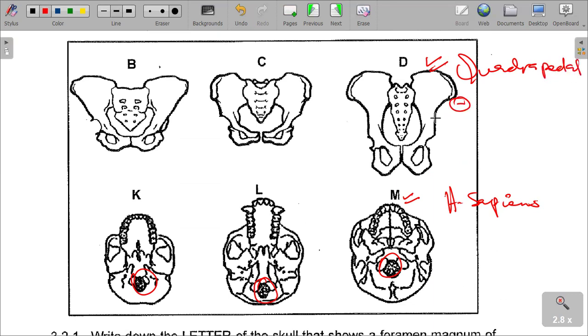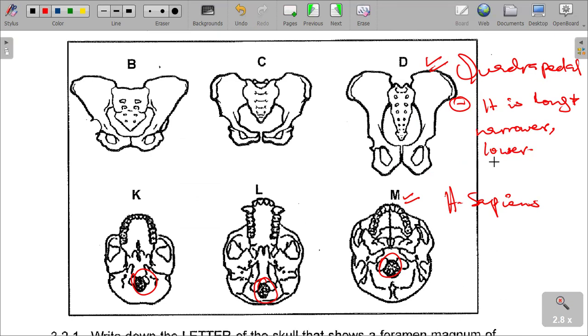One thing is that it is long and narrow. It is also lower. Those are the points that we can see. It is long, narrow, and lower, which shows that it is quadrupedal.